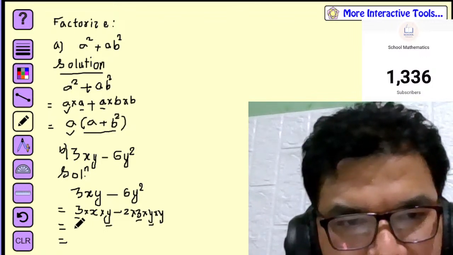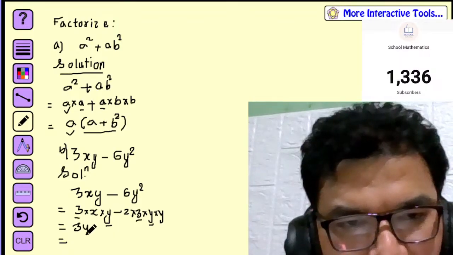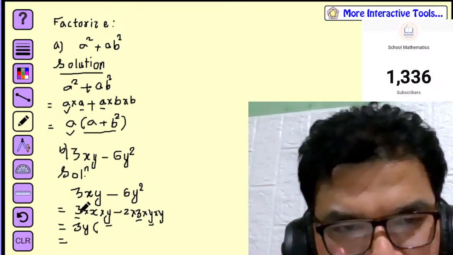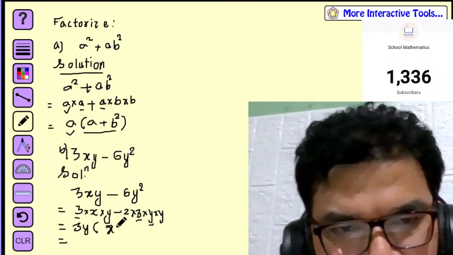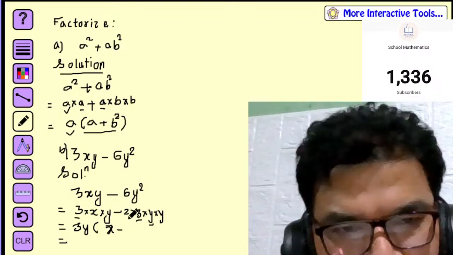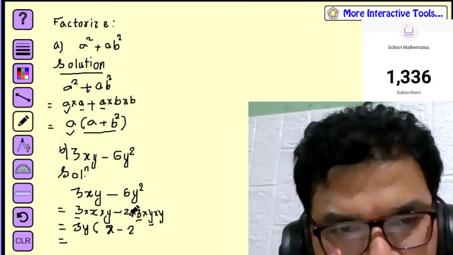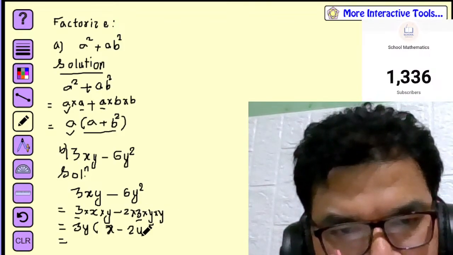That's why here 3y is common. You have to write like this, 3y common. Then if you take 3y common, what is remaining? Here remaining is x only, and write a minus, and here remaining is 2. When 3y is taken common, then 1y is remaining there.